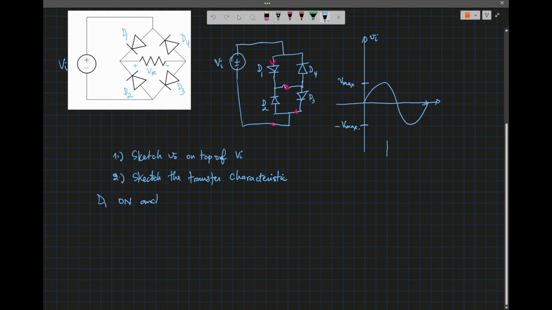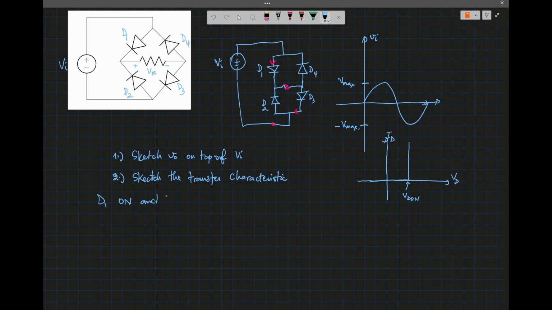So this is the IV characteristic of the diode that we're going to use. The voltage here is what we call VD on. This is ID, and that's VD, voltage and current, the IV characteristic of a diode.